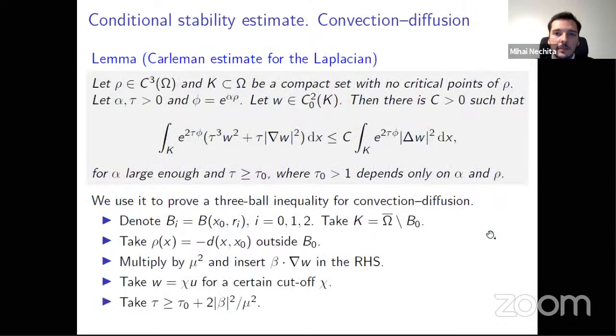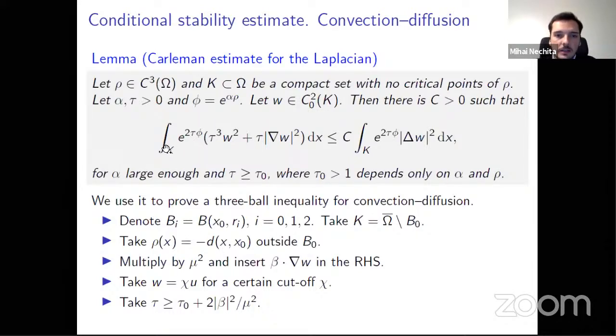The starting point for writing down a conditional stability estimate in our approach is a standard Carleman estimate, which is written here in a compact subset, where we take a function rho that has no critical points in there, and then we build an exponential weight function.